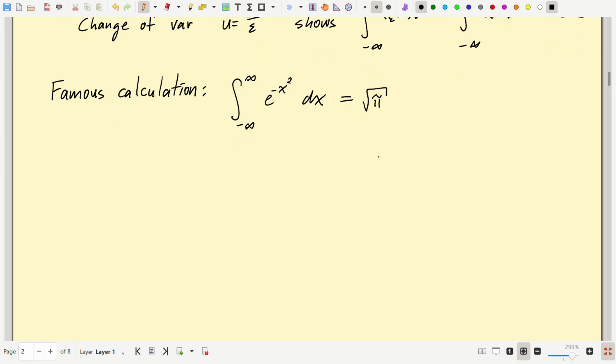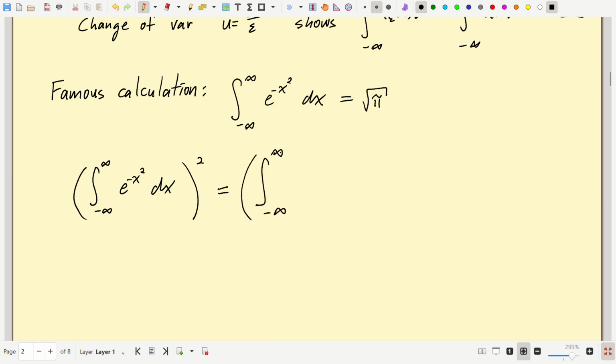Here's how you do it. It's kind of cool. I'll square that thing, and that's going to be pi, presumably. A sneaky thing to do is to write that first with x as the variable, then write it again with a dummy variable y.